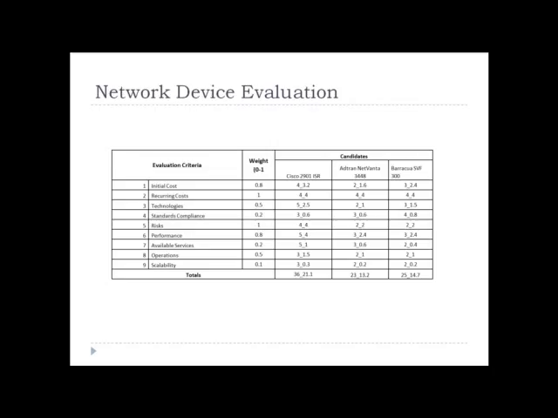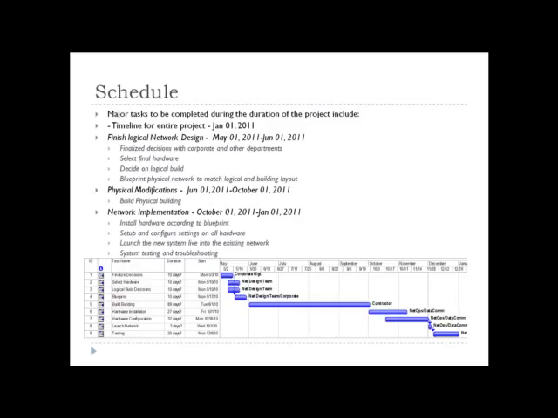We know that security is a big deal for your organization, so we put risk as a pretty high priority. And you can see at their totals, you see a number underscore a number. This is their base rating and then their weighted rating, and you can see that the Cisco ISR was by far our best choice.